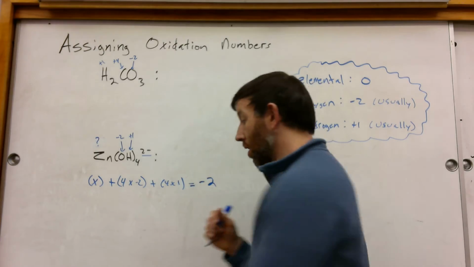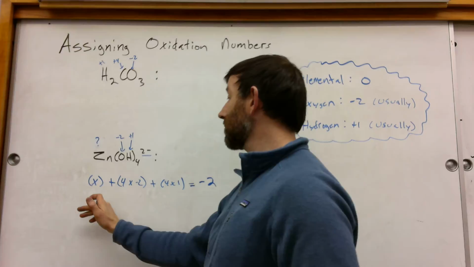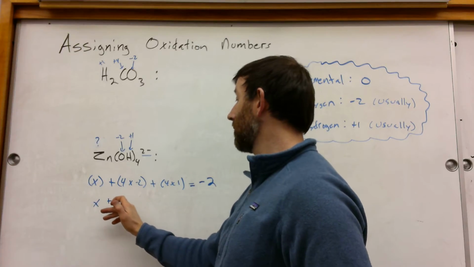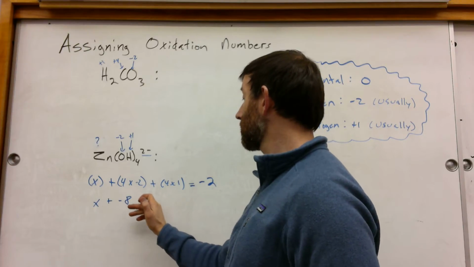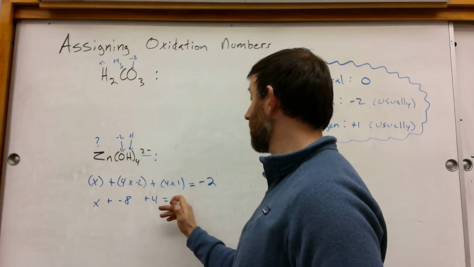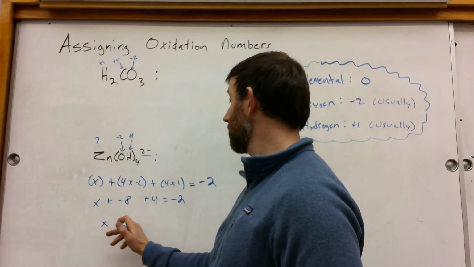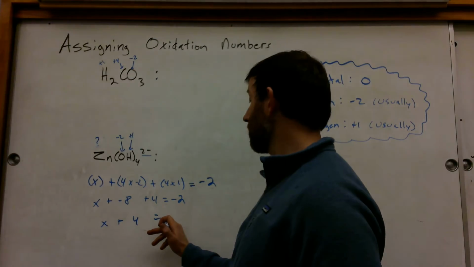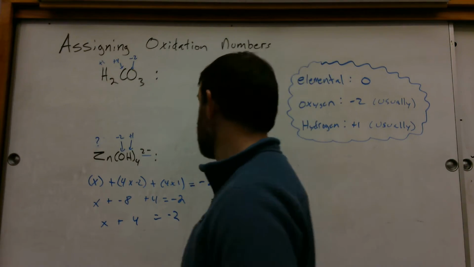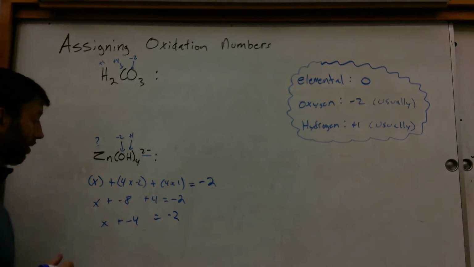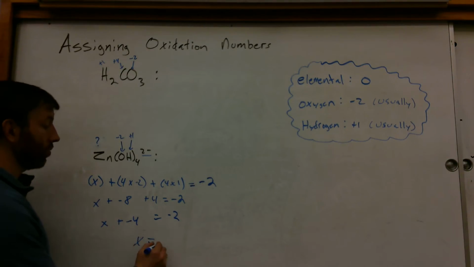So we'll simplify. X plus -8 plus 4 equals -2. X plus -4 equals -2. X equals 2.